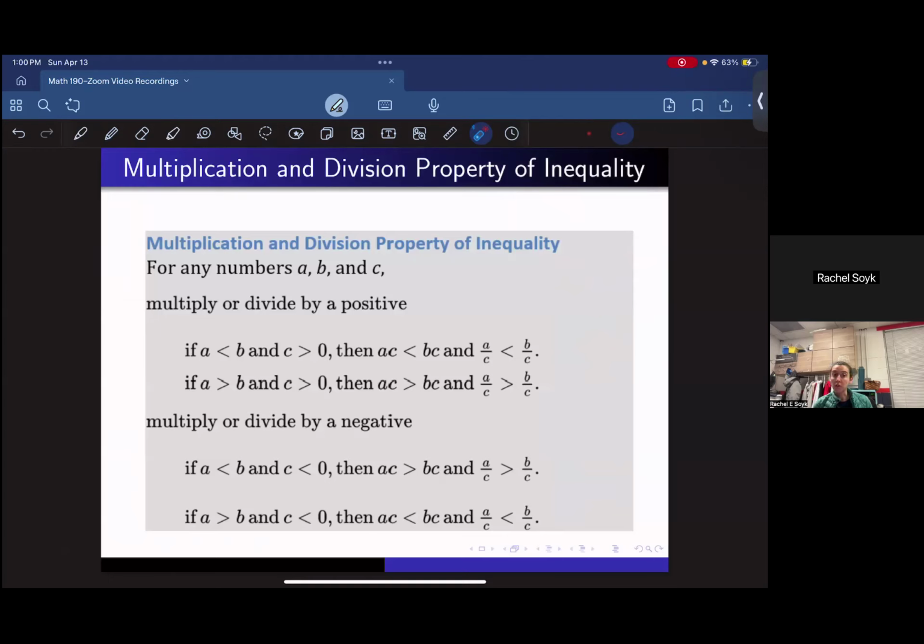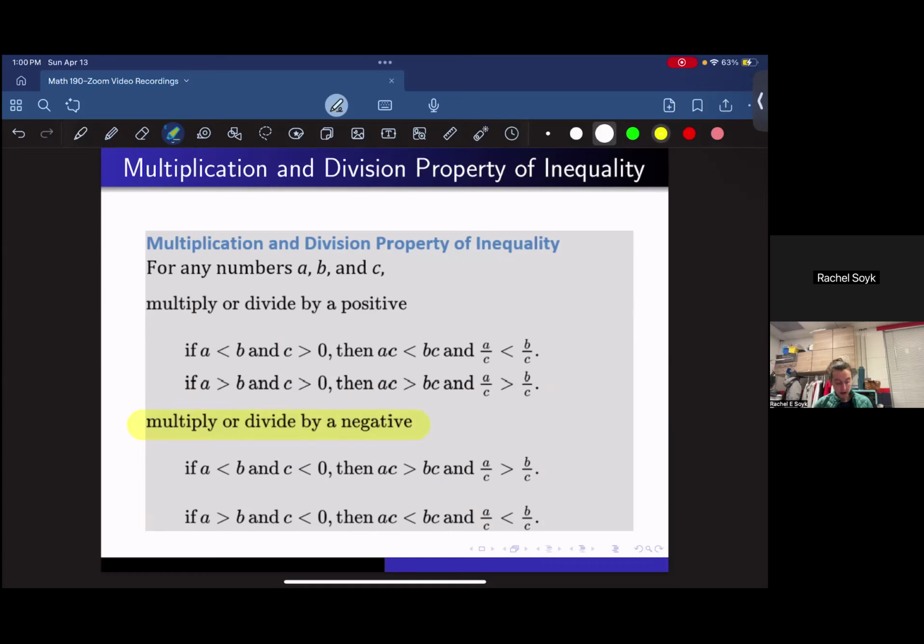Now we also have our division and multiplication property of inequalities. And same exact concept, except there's an added rule, and the added rule is if you're multiplying or dividing by a negative, you need to make sure that the signs are flipped.